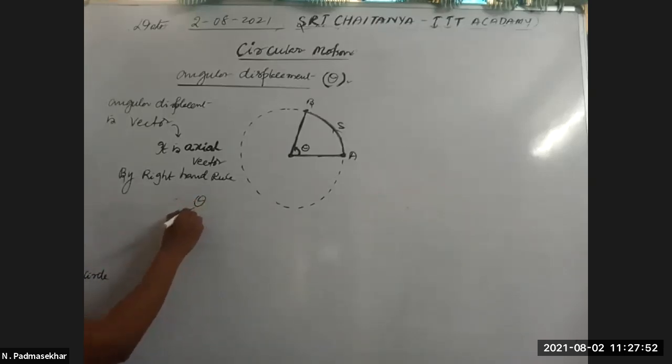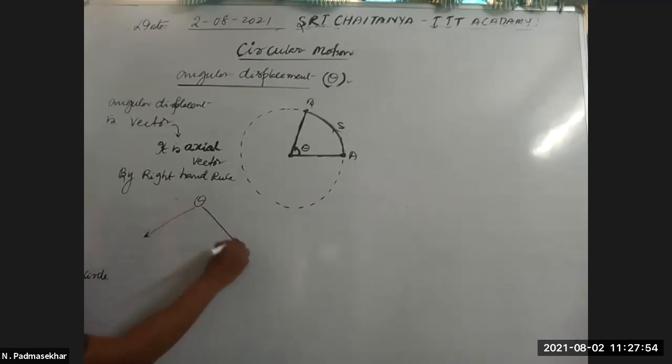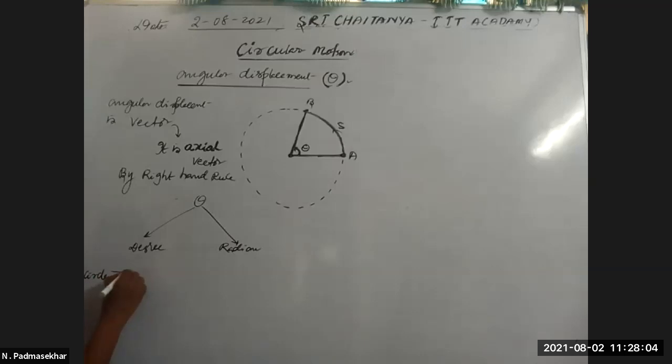So theta units: degree, radian. Full circle is 360 degrees.